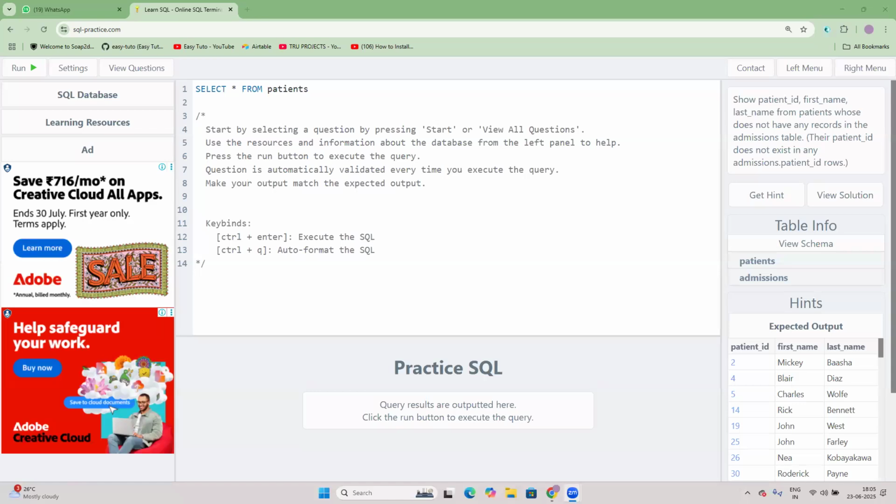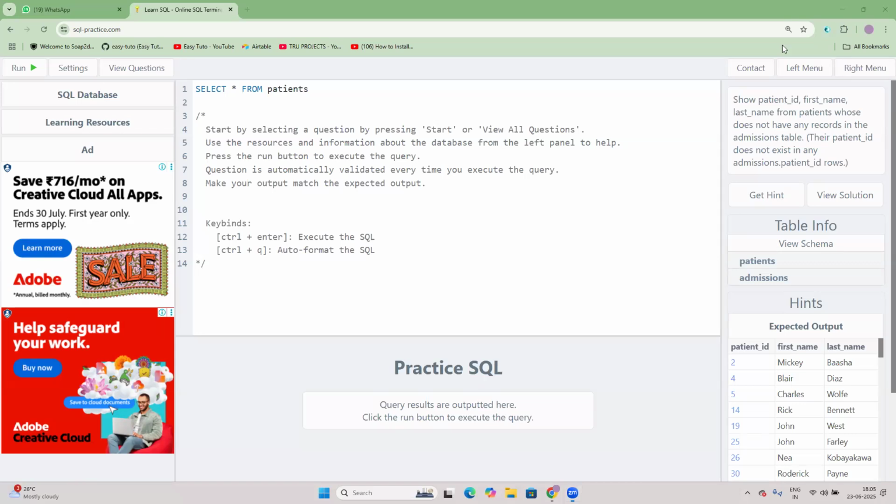Let me know once my screen is up, everyone. Yes, yes, we are able to see it. Okay. Shaker is not here.